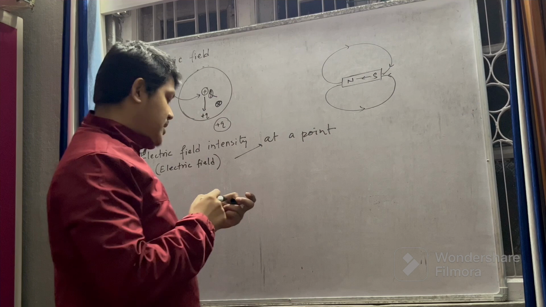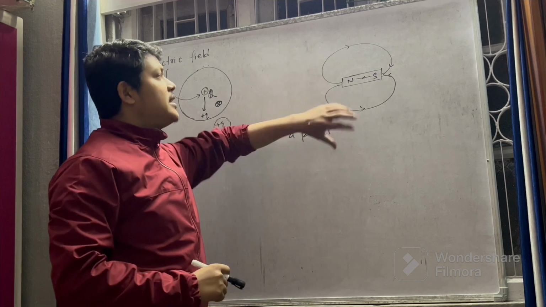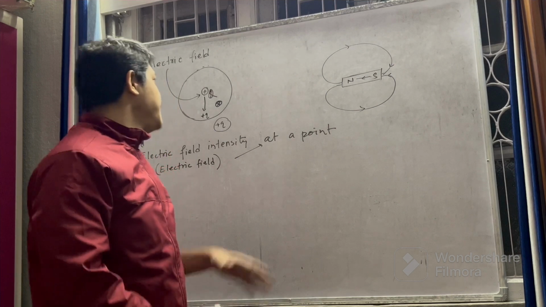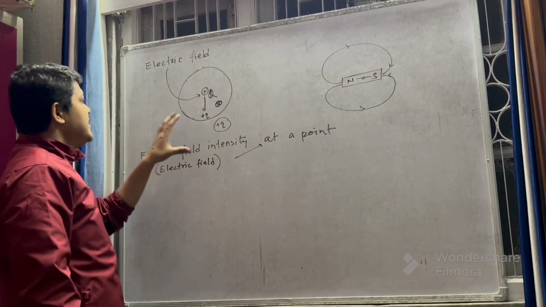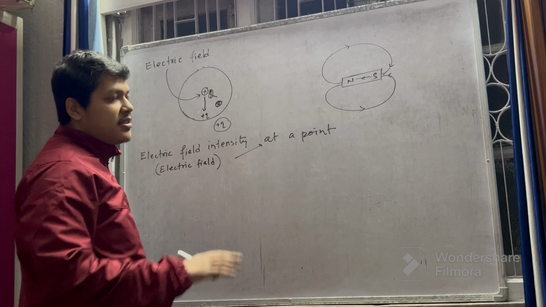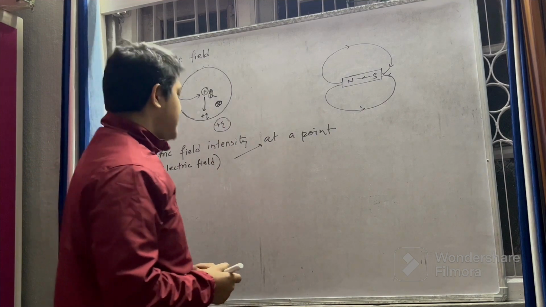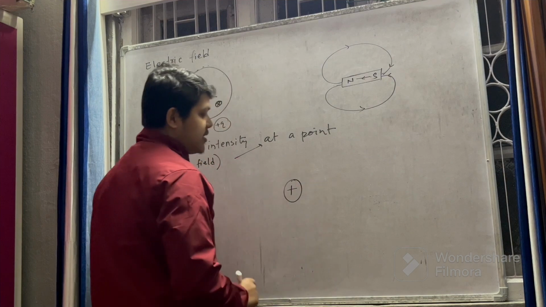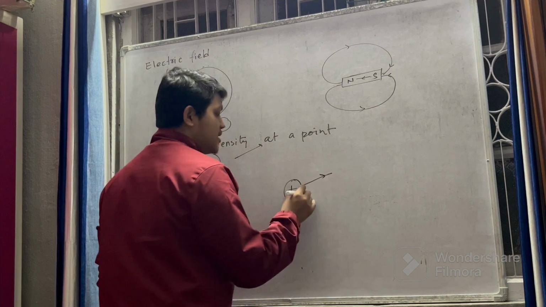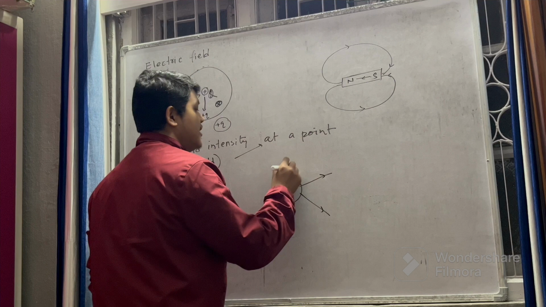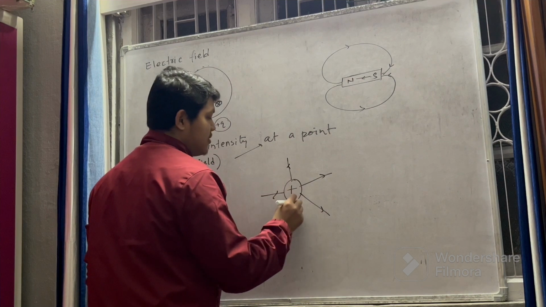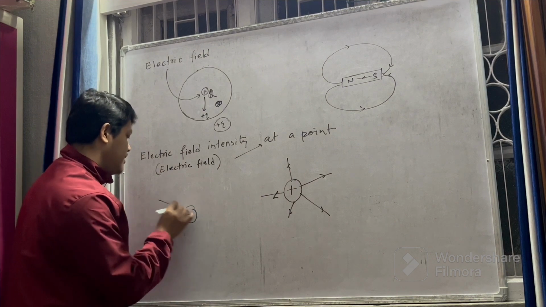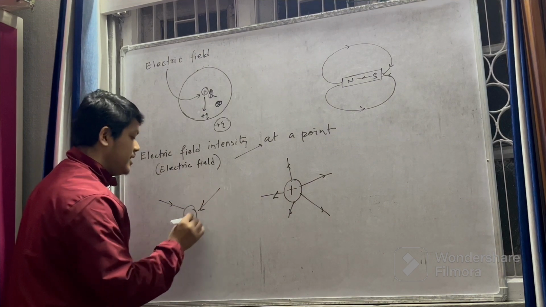So as to study the behavior of the magnetic field, we used to assume these magnetic field lines. Similarly, to study the electric field, we also assume some imaginary lines, right? So those are like this. For a single positive charge, they are radially outward. The direction of the field lines is radially outward. Okay, and in the case of a negative charge, electric field lines are radially inward.